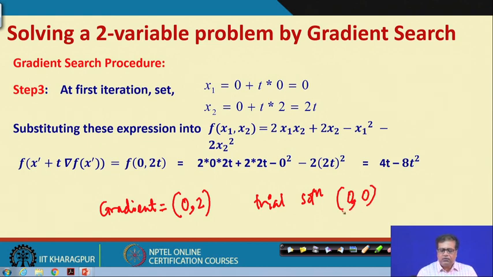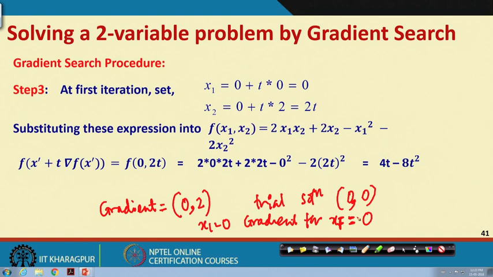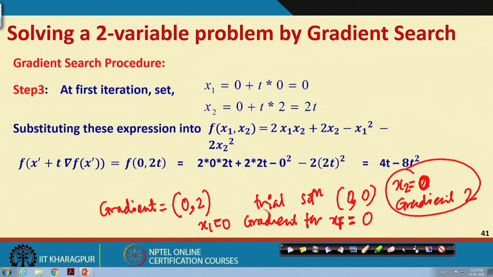So, x1 equal to 0 with gradient for x1 equal to 0, and similarly x2 equal to 0 with gradient 2. So, these are the things.